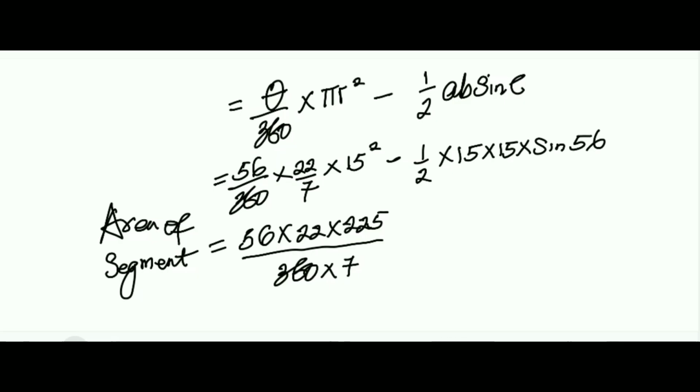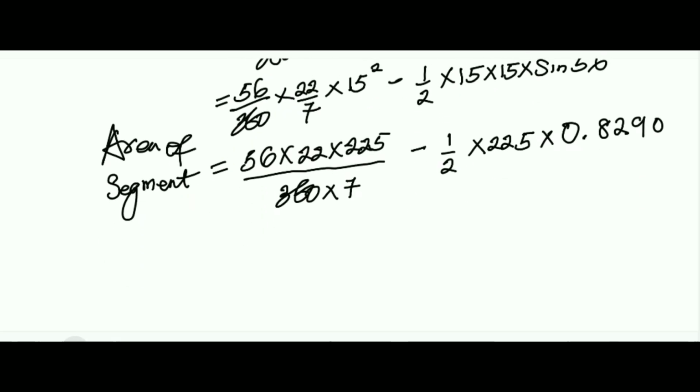You can also cut out common factors. And then here I have 1 over 2 times 225, and then times sine 56. Sine 56 would give me 0.8290.